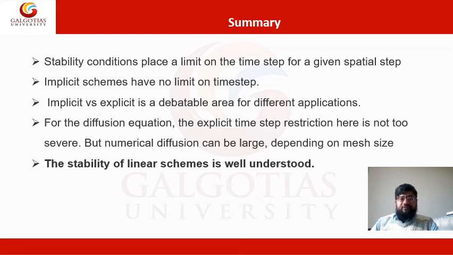For the diffusion equation, we can show that the explicit time step restriction is not too severe, because the numerical diffusion is very large along with the physical diffusion. This stabilizes the solutions and damps the oscillations which occur during numerical computations.